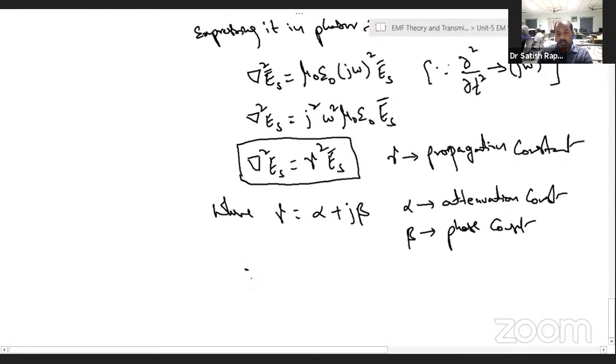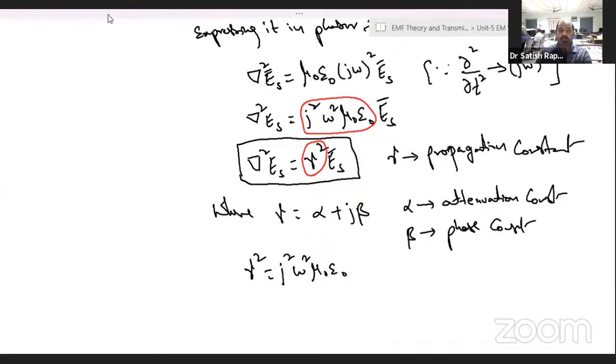And gamma square is equal to j square omega square mu naught epsilon naught. Comparing this one, here this j square term, j square omega square mu naught epsilon naught, is nothing but gamma square.